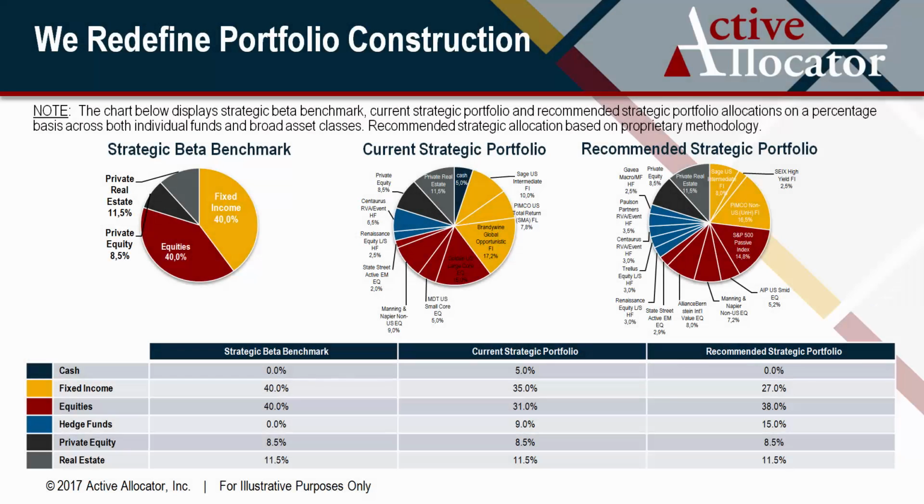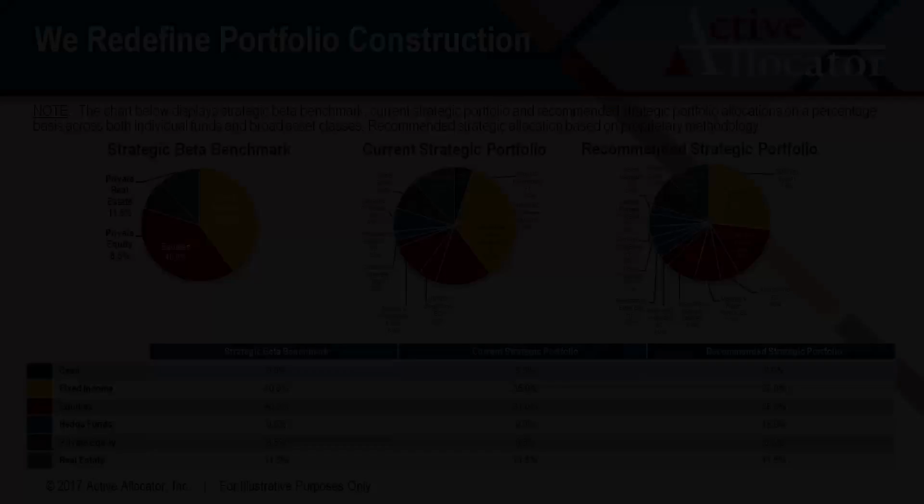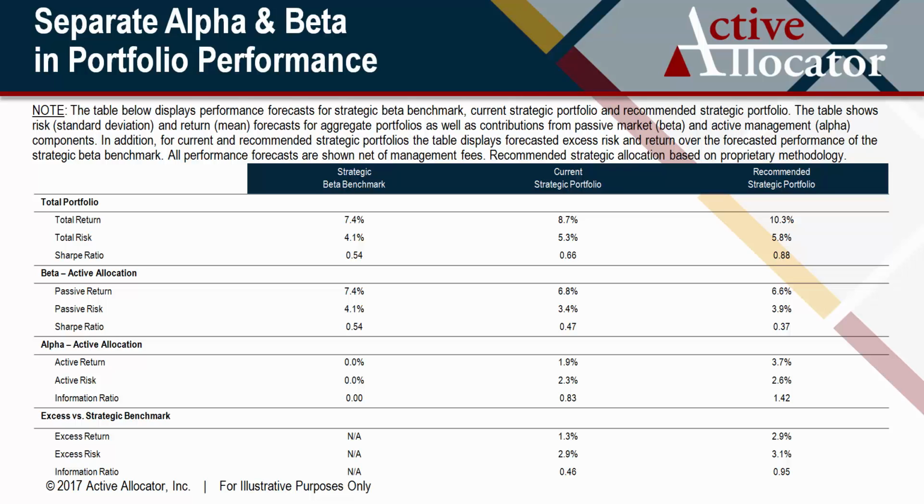Of course, there is a lot more to portfolio construction than meets the eye. We let you generate a bunch of metrics so that if you want to delve deeper, you can do so at the click of a mouse button. We let you separate beta that you can get cheaply from alpha, expensive skills-based returns for which you pay high fees.